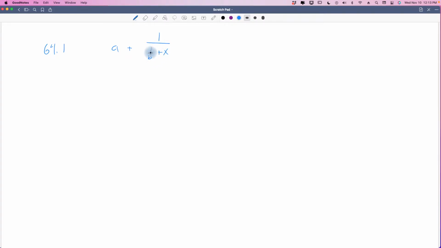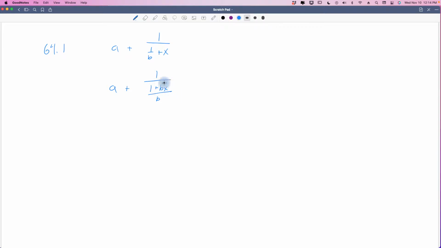We turn this into a plus 1 over 1 plus bx over b. So now we have a single fraction here.